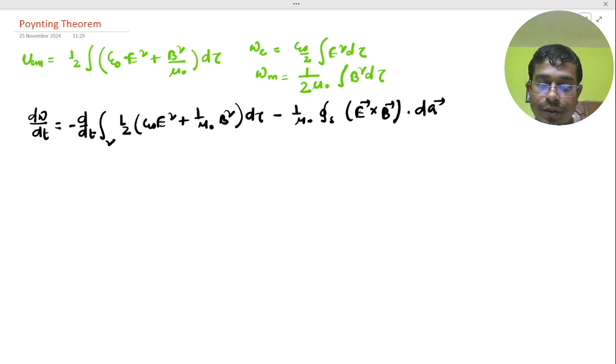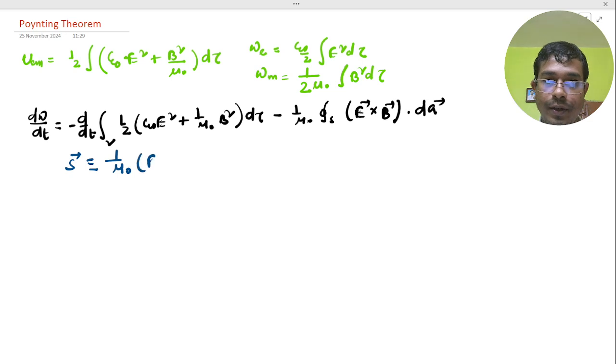This is our Poynting theorem, and the Poynting vector S is formally written as 1 by mu naught E cross B, the final outcome.